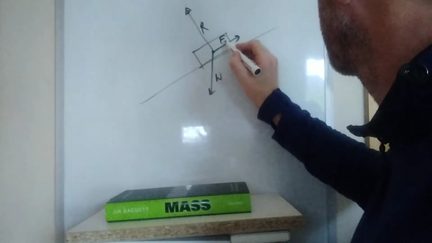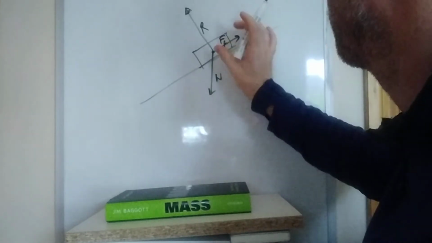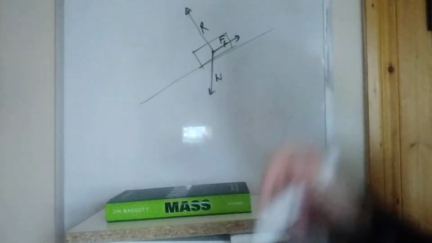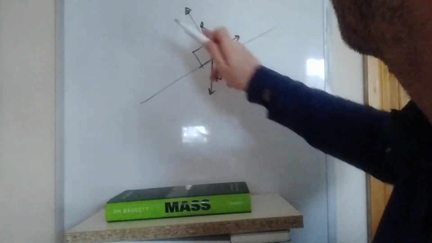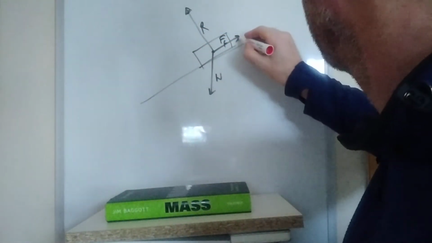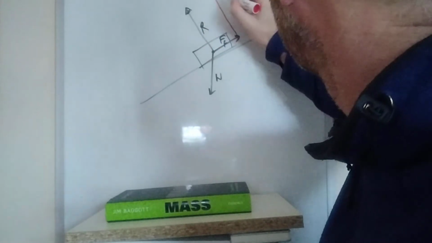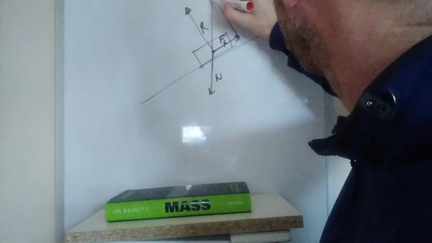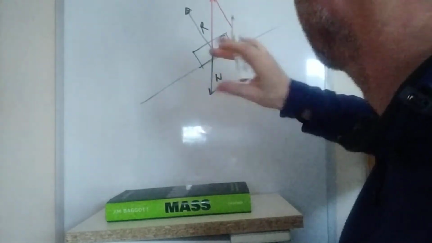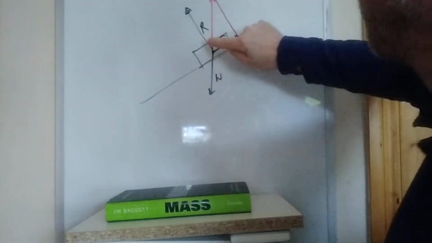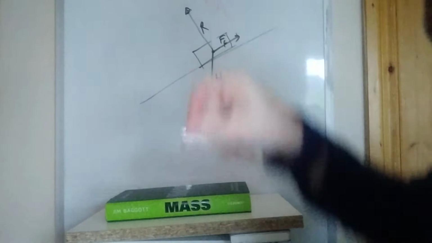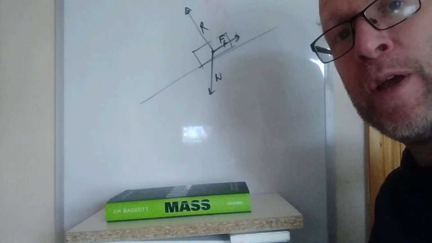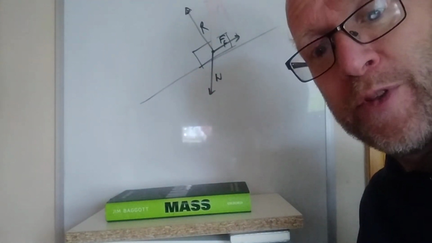Okay, and the combination of the frictional force up and the reaction should be equal to the weight down because it's at rest. So the vertical component of the two of these added together should be equal to the force down. And there it is. That's the vertical component, and it should be equal to the force down. Okay, but you wouldn't be drawing that in if you were asked for a free body diagram. Okay, we'll come back to more of them later, but they are the core ones.